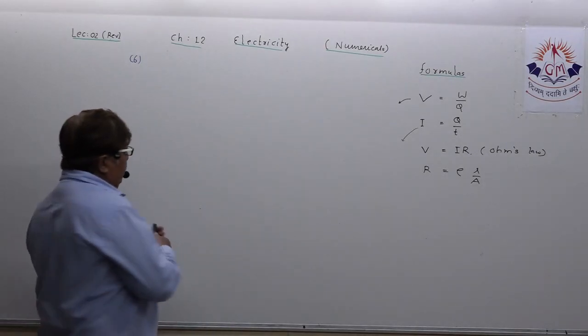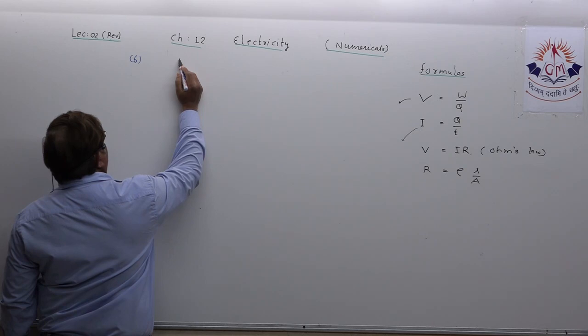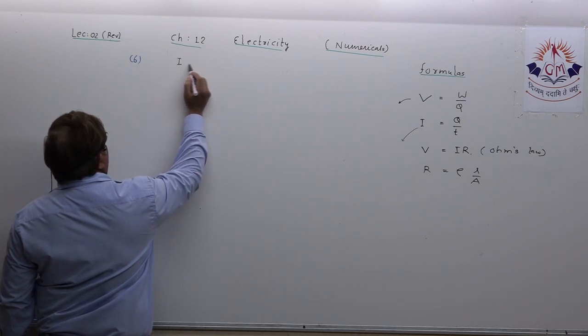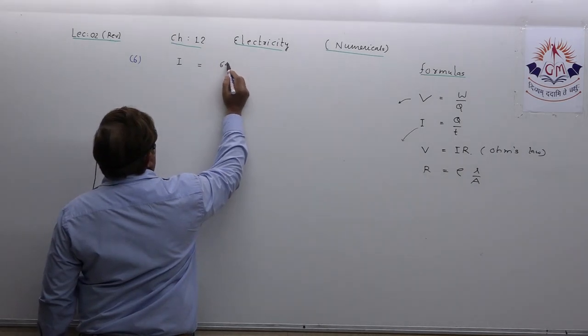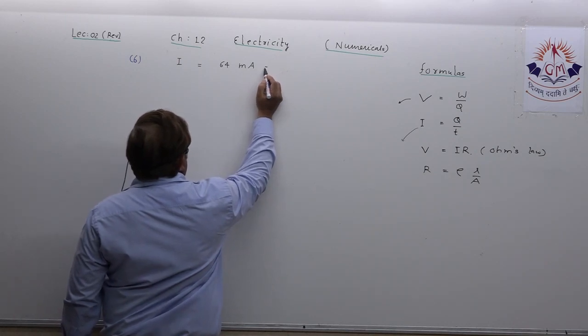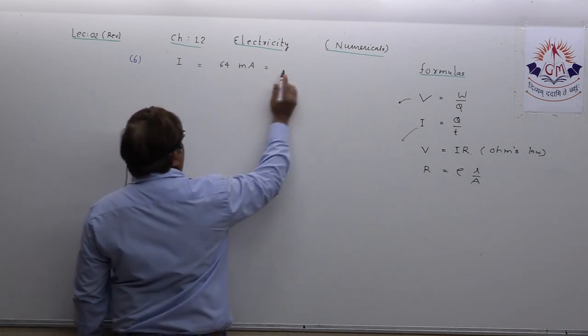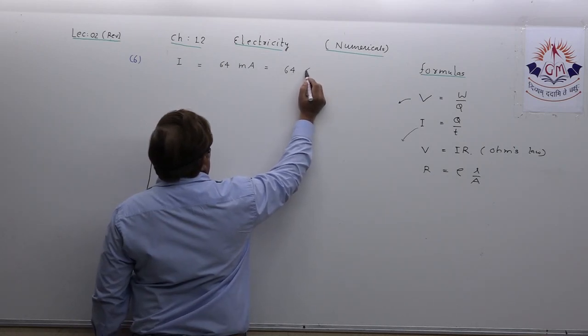First I would like to write the data which is given. Current is 64 milliampere. You all know the basics, current has to be in ampere.